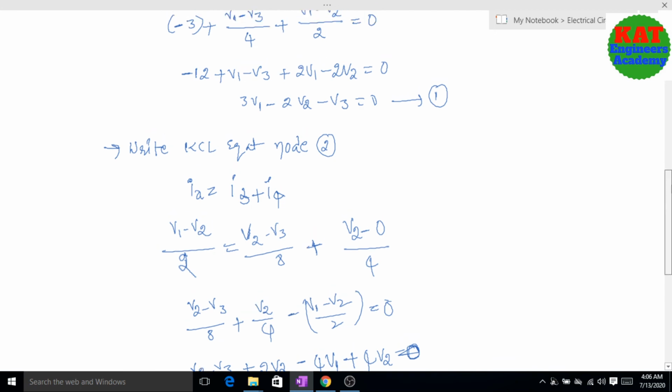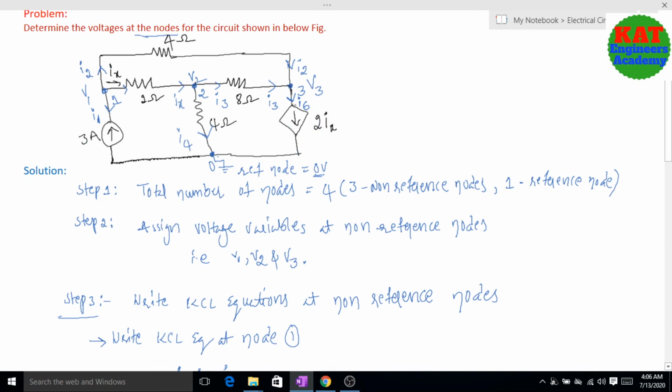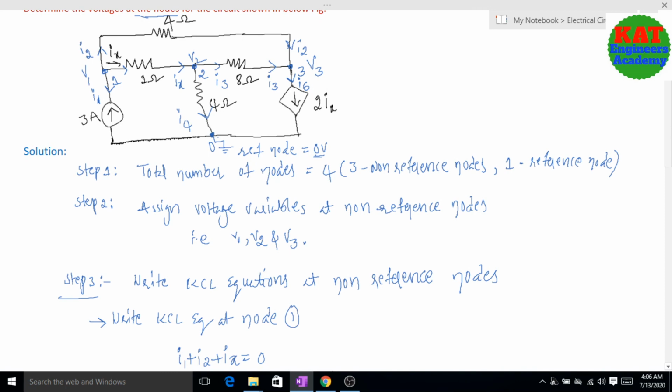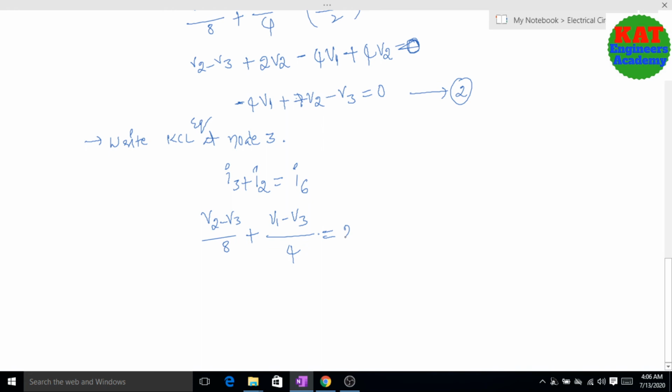I6 is the current flowing here. This I6 is already given as the current value 2Ix. But what is Ix? Ix is V1 minus V2 by 2. I6 is 2Ix, and since it is in the same current direction, you can consider it positive.